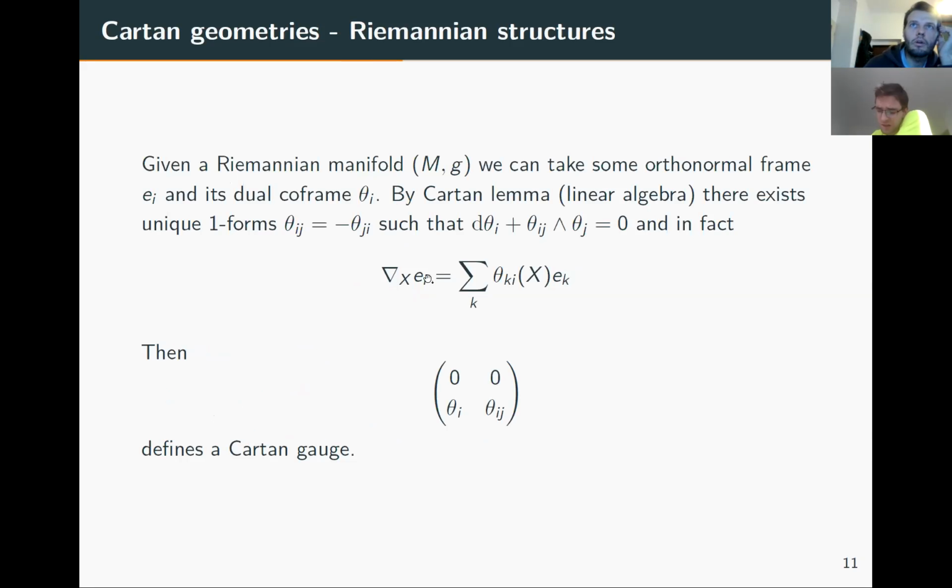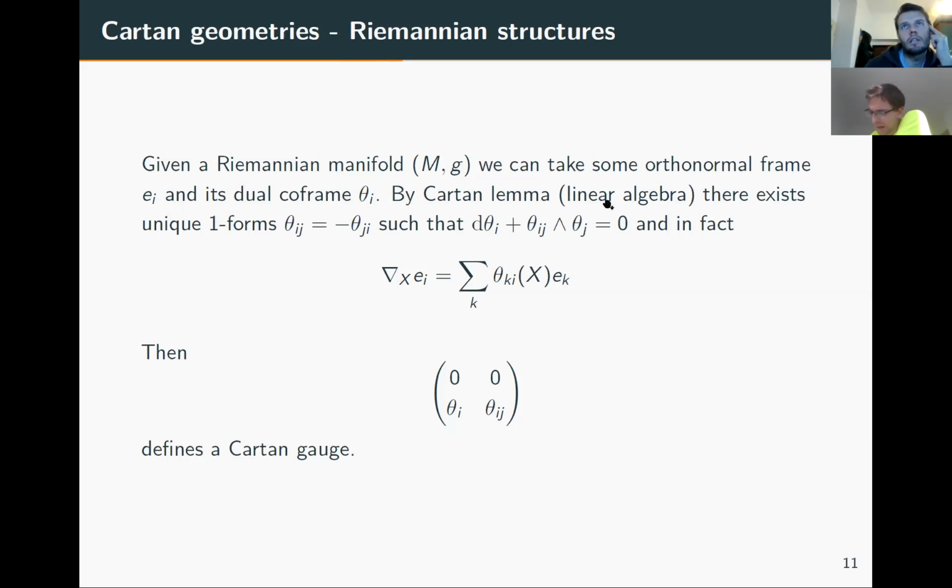So how does it work actually? If you take a Riemannian manifold, just pick some orthonormal frame e_i, and then using the metric you have a dual coframe theta^i.